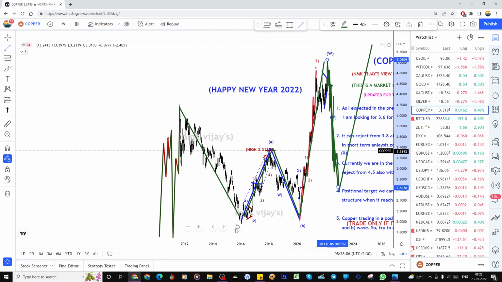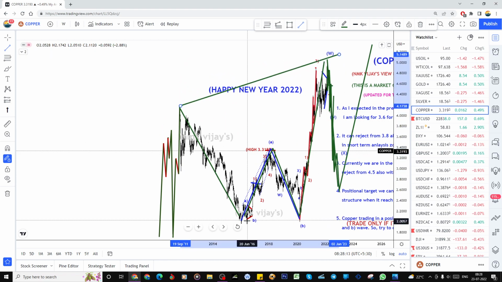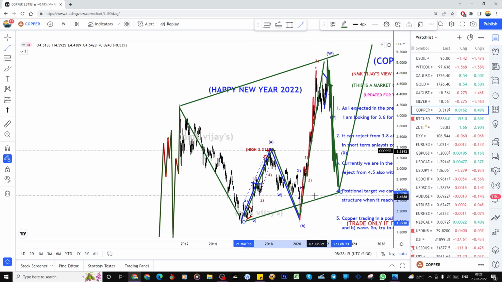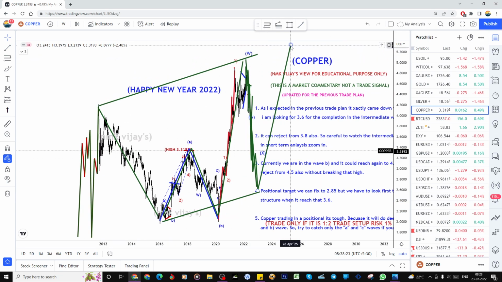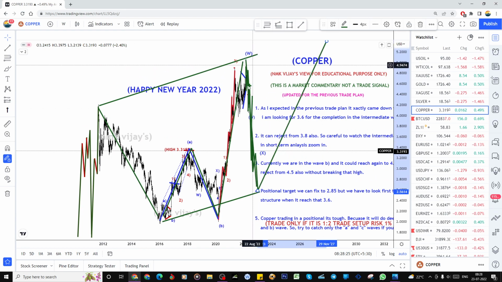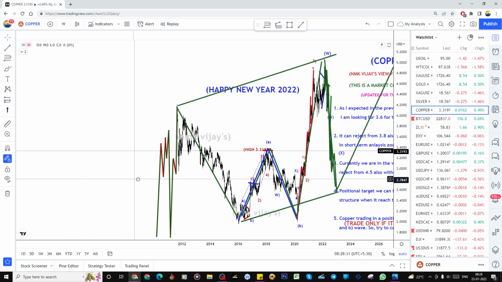So ABC in the five-wave structure means this whole correction part is completed. So after this is the A, so this is the B, or C is the W. So this is the X, and we need to be on the buy side once it completes the five-wave structure. So this is one possibility, because this is the one I got from one more chart.